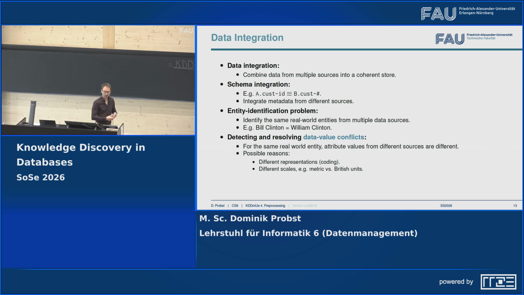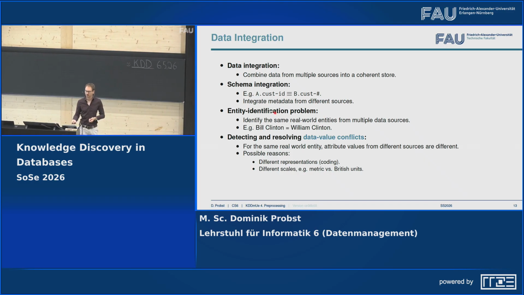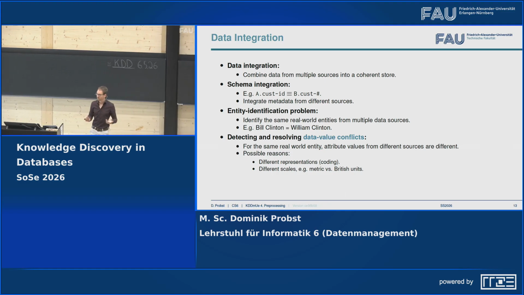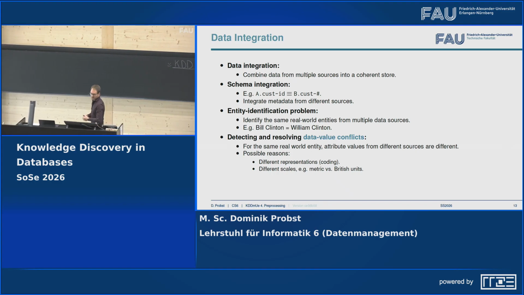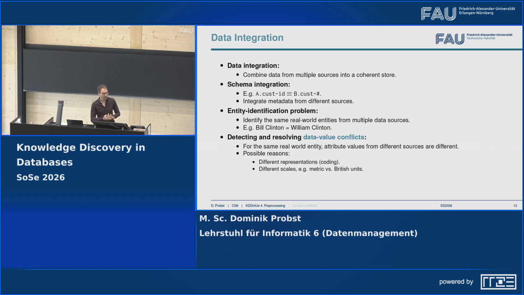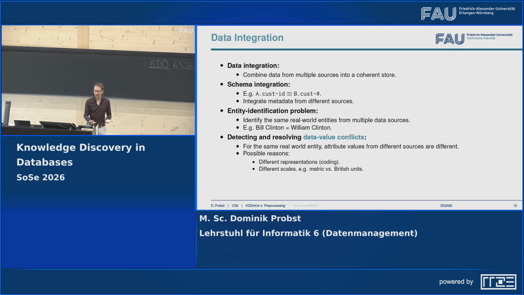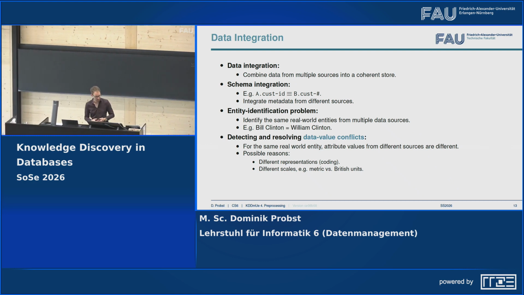Also, we of course have to integrate schemas. We have to make sure that, for example, IDs that match each other are mapped onto the same scheme. We always have to also integrate metadata, not only the data itself, but also metadata. So, for example, column names, attribute names.